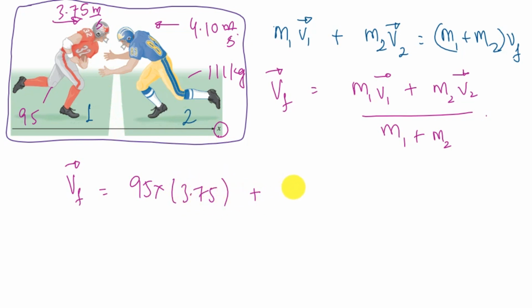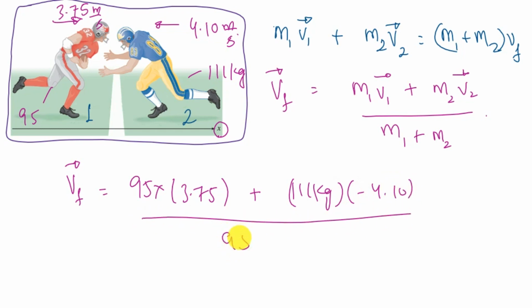Then plus m2 is 111 kg, and this is towards the negative x, so I can write minus 4.10, divided by the total mass 95 plus 111, and that will be equal to negative 0.480 meter per second. And why is this negative? Because it's along the negative x direction. That means after collision the system would be moving along the negative x with this magnitude of speed, 0.480. Correct?